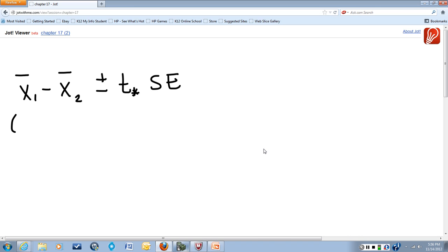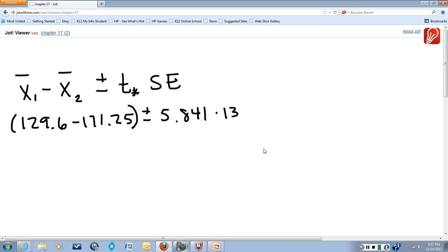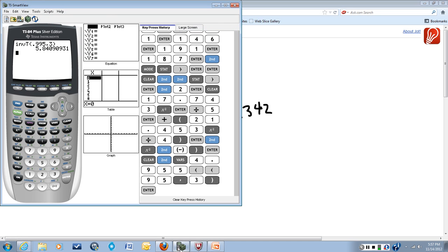So this will be 129.6 minus 171.25 plus or minus 5.841 times 13.342. And we will go ahead and do that on the calculator.